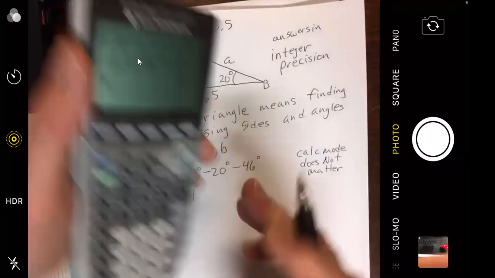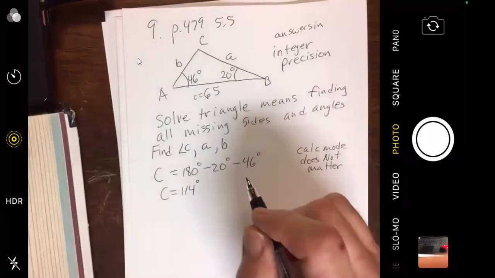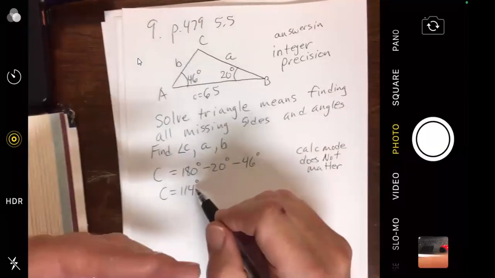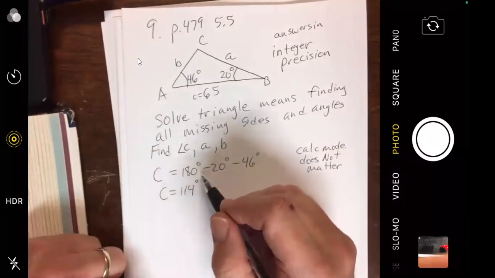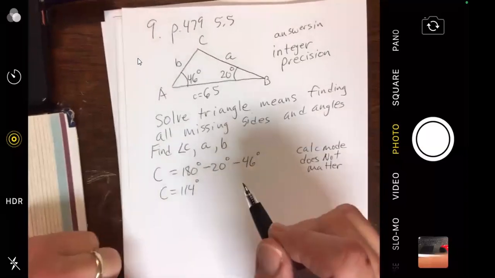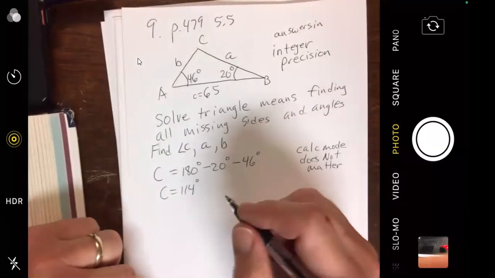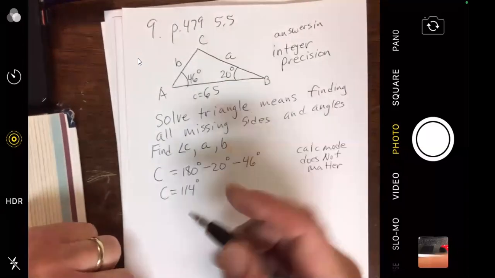I do try to keep the confusion down, so I write the degree symbol if we're in degrees, as they did up here. Leave it off, it's not technically correct. It's sloppy, you're calling it 114 radians. All right, the rest of this, it doesn't matter the order you go for these things. I guess I'll go for A first.